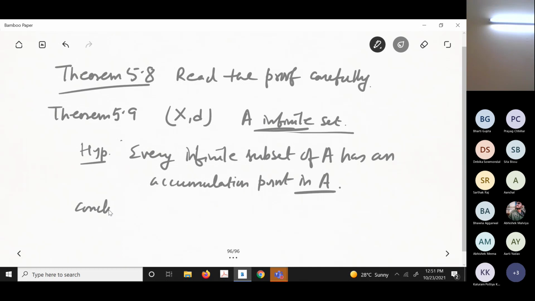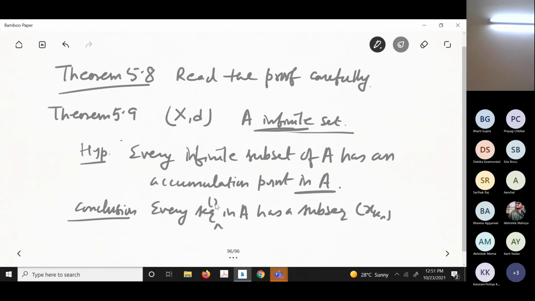The conclusion is: every sequence x_n in A has a subsequence x_{k_n} converging to a point in A.